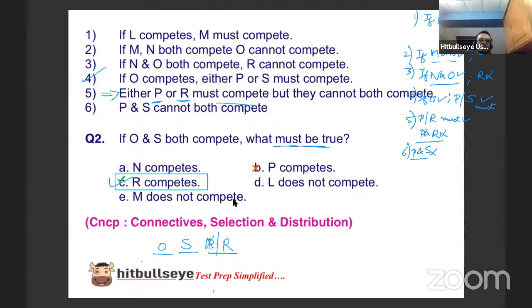You should limit to this. मतलब जैसे ही मैंने O और S देखा and P and S cannot compete, और ये fifth statement देखी P और R में से एक होने चाहिए, my these two options should come out and then P should be eliminated. C is my answer. I'm going to the next question. Clear? Everybody, shall we proceed?